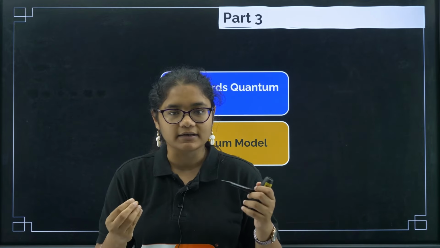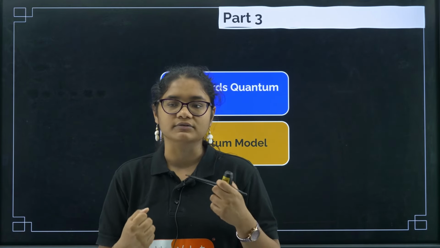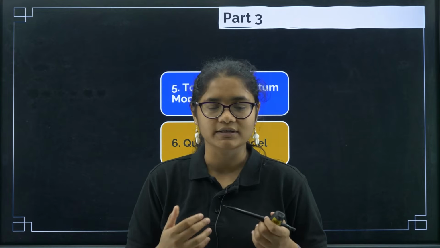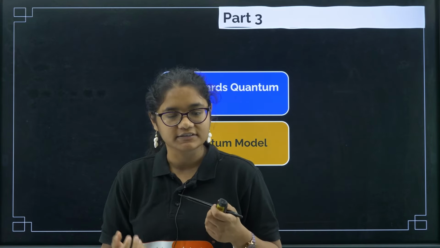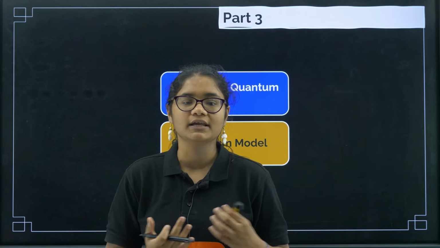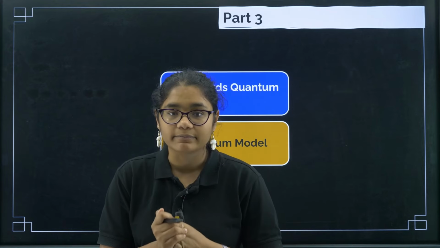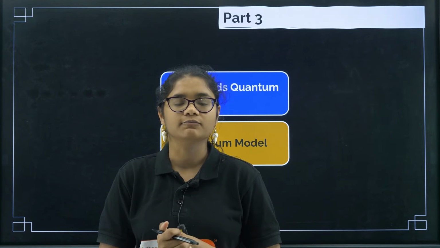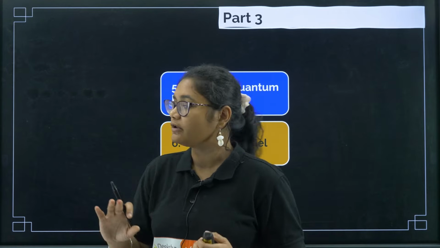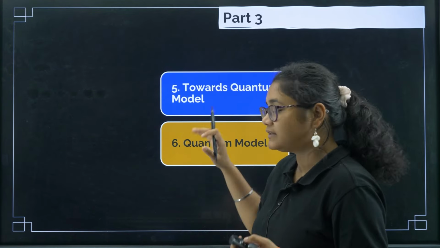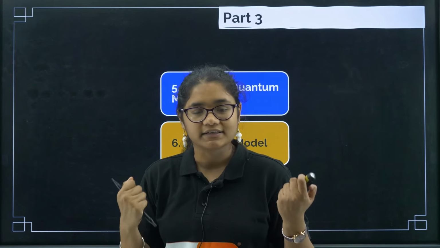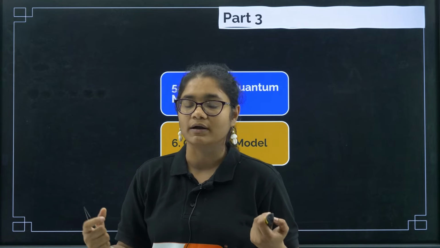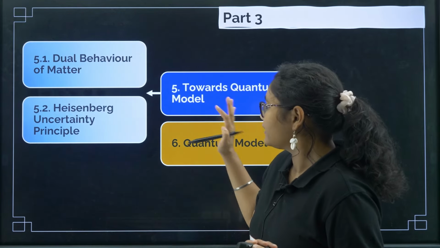Similarly, before the quantum model also there were some scientific researches going on which gave very important conclusions, and based on these conclusions the quantum mechanical model of the atom was designed. So what were these observations or developments that led to the quantum mechanical model, that we'll be discussing.